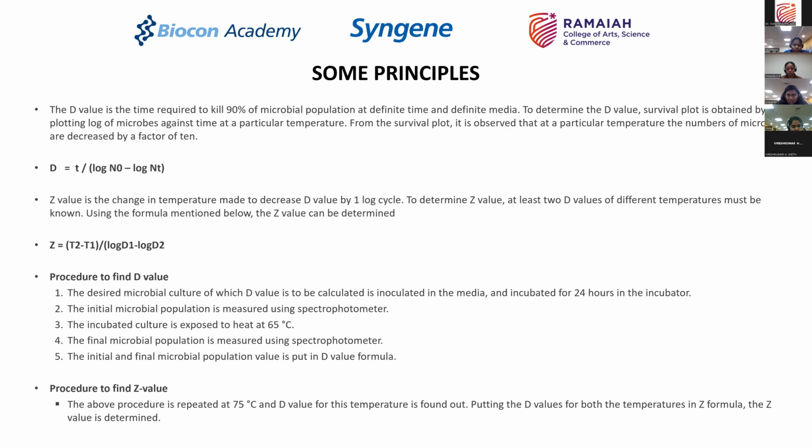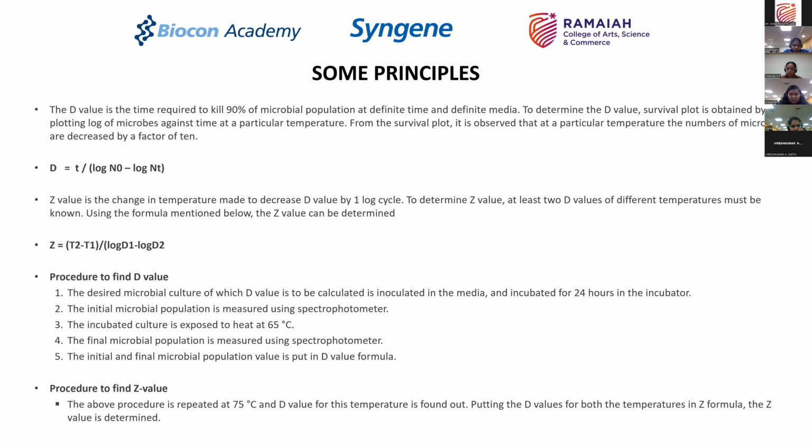Now the Z value is the corollary or associate of the D value, where it says if I change the temperature by so many degrees, I will get a 1 log reduction in D, right? So what will I do? I will take temperature 1 and temperature 2, and plot them against the log values of D1 and D2.